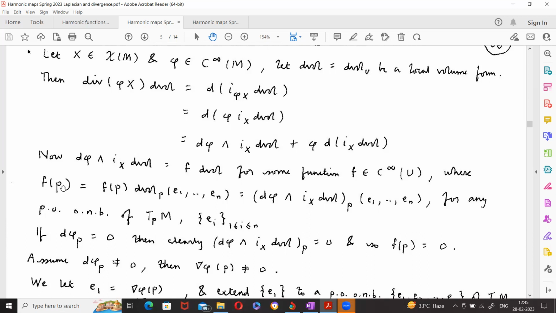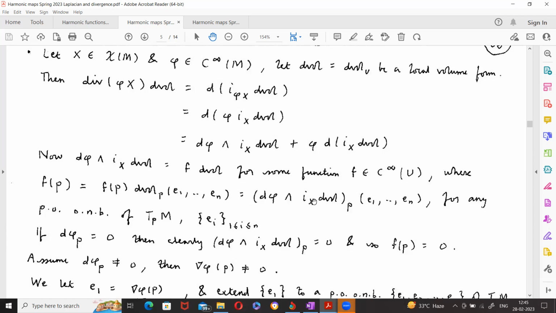Well, f at a point p is f(p) times 1, and I write 1 as dvol applied to a positively oriented orthonormal basis E1 to En. So this f dvol I can write as d phi wedge i_X dvol, applied to E1 to En, for any positively oriented orthonormal basis E_i of T_pM. So f(p) is d phi wedge i_X dvol applied to E1 to En.